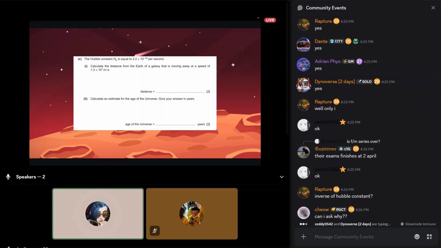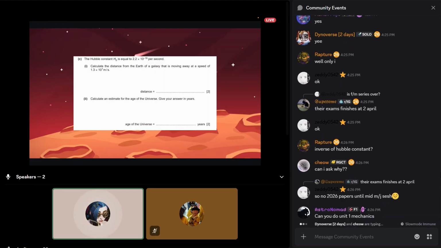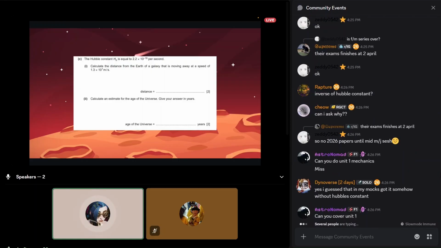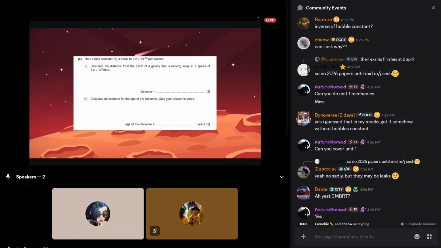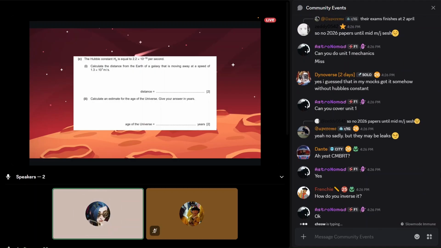I would share my screen as well, but you know from the Big Bang to now, that's the time. Unit 1 mechanics, I can do it next time if you guys want, but right now I'm doing space physics. So you inverse it by doing 1 divided by 2.2 times 10 to the power of negative 18.